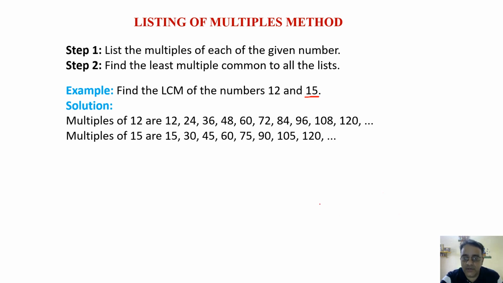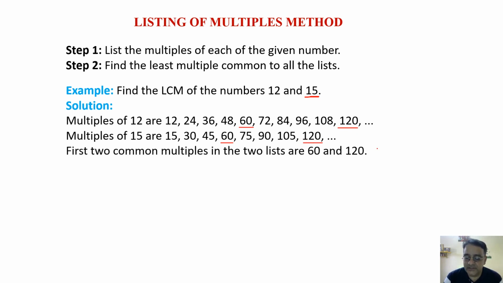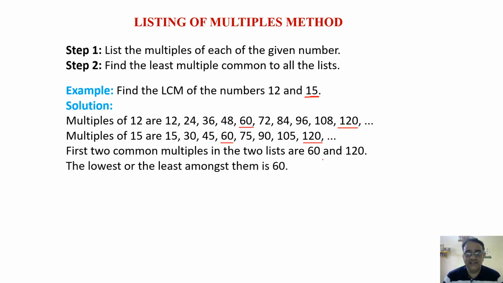The first common multiples among these are 60 and 120. Okay, so the first two common multiples in the two lists are 60 and 120. Now which is the smallest one? 60, right. The lowest among them is 60. So therefore the LCM of 12 and 15 is 60.